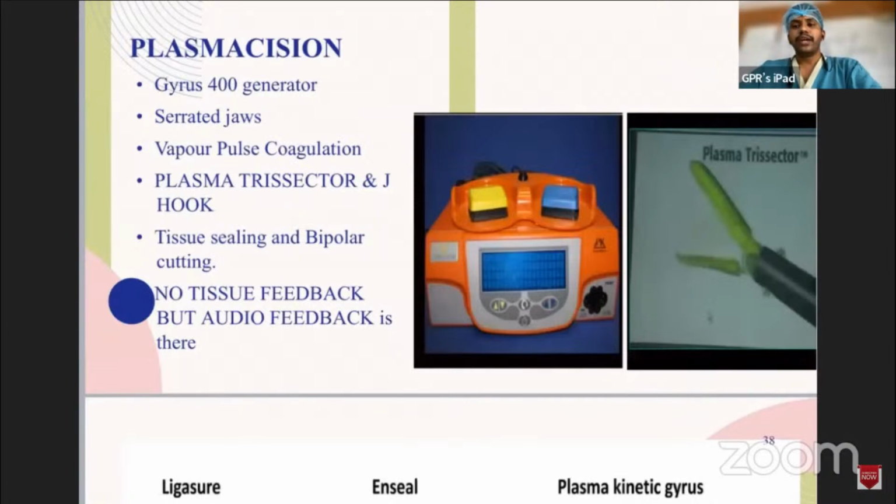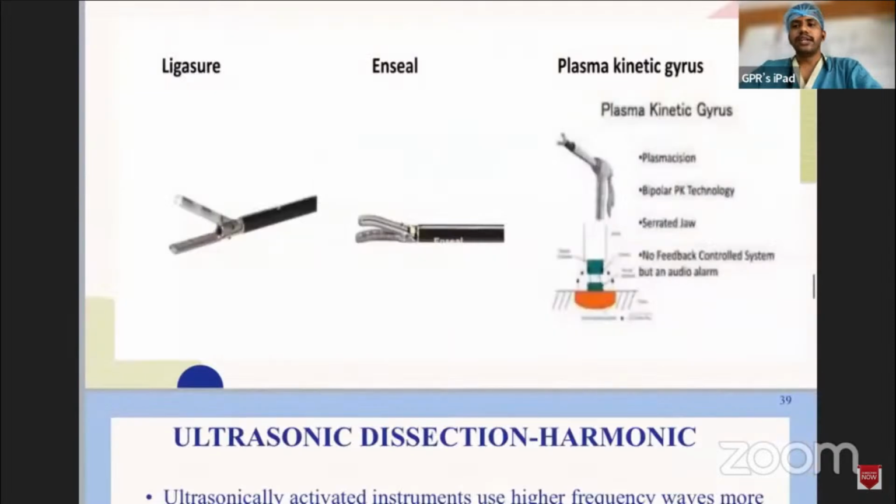There is no tissue feedback, only audio feedback, whereas in LigaSure we have tissue feedback. So these are the three different instruments that we use. LigaSure rotation is not that much possible, whereas EnSeal has 360-degree rotation, and Gyrus has its own mechanism to advance the bipolar activity.